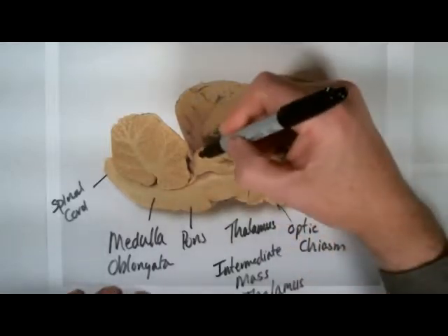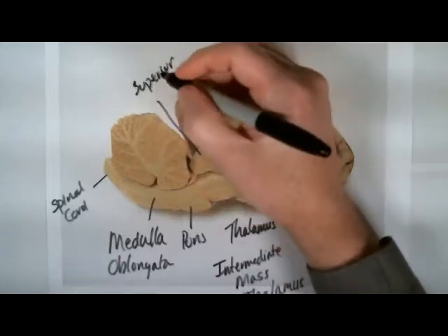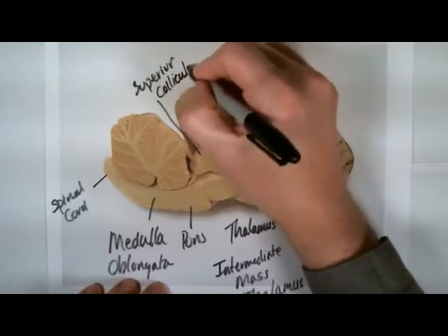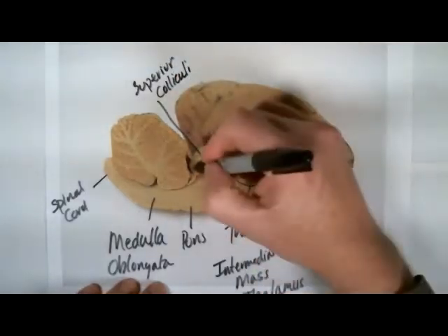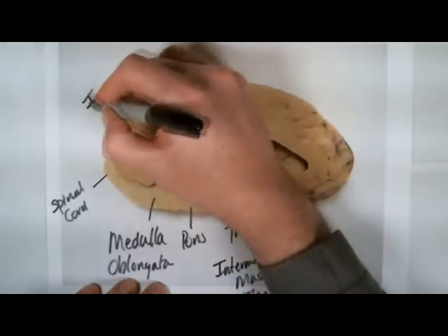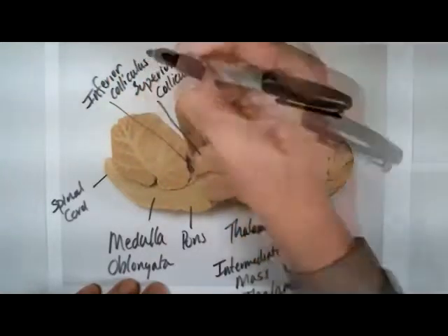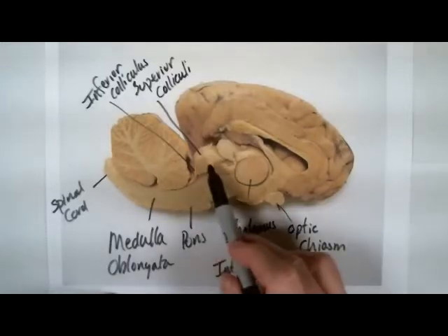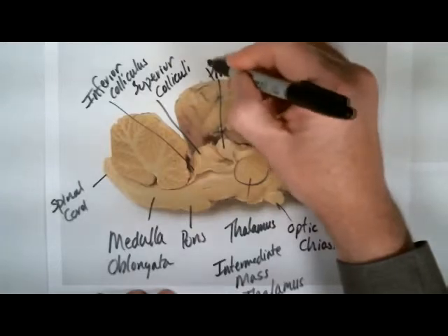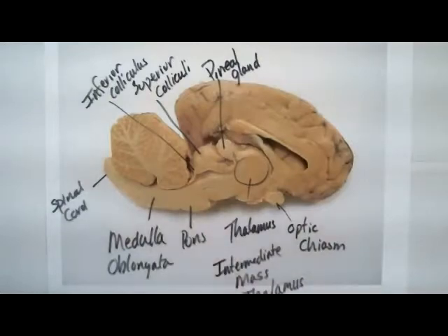This one right up here on the top is the superior colliculus, and the one underneath is the inferior one. And then right in front of that, you have the pineal gland, and that's this right here.